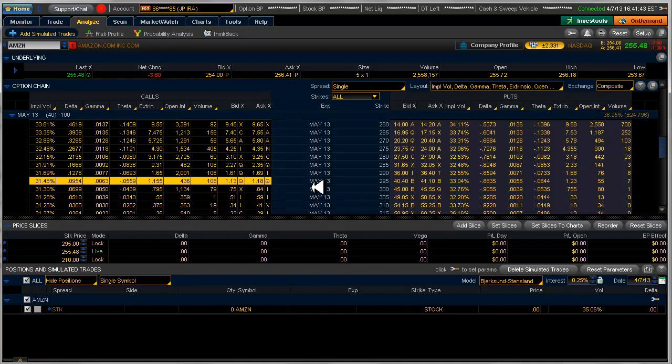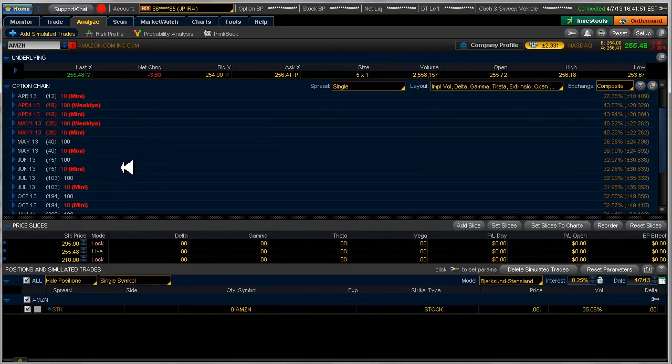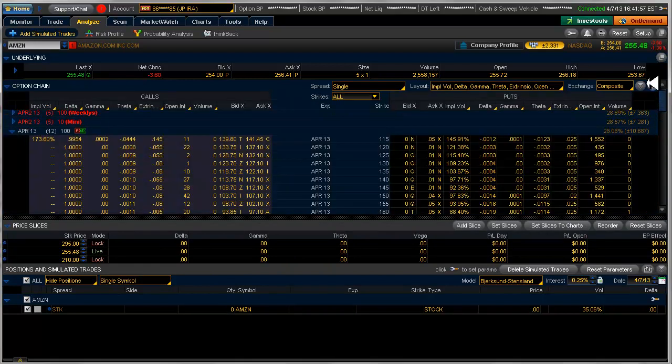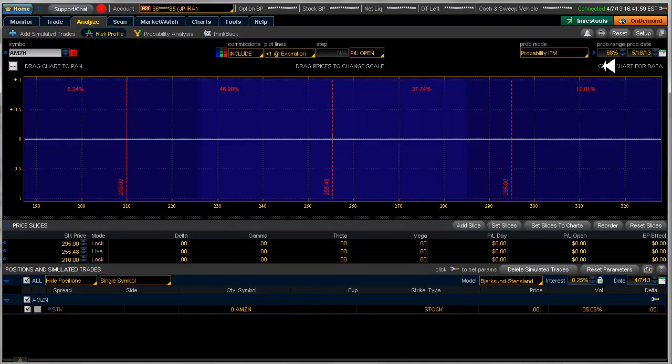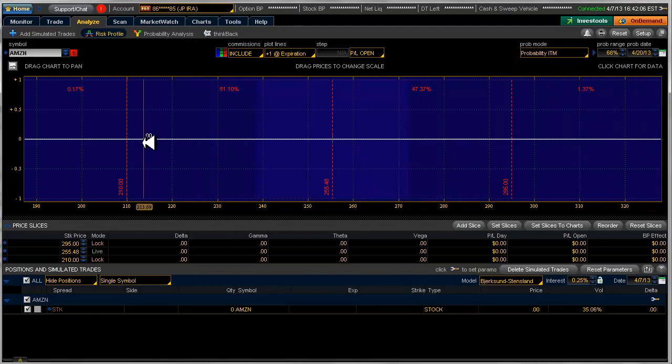So, where are we here? Well, there's a lot of dependencies. Just for giggles, let's go to April, go to the risk profile, and change our probability date to April 20th, and then let's go fishing around for our 5%.